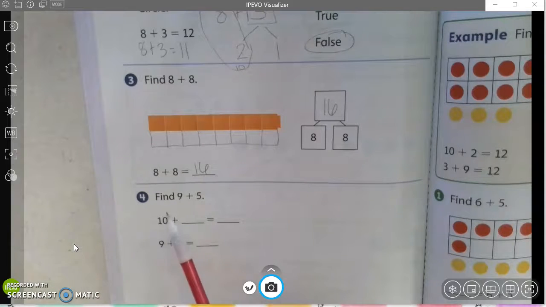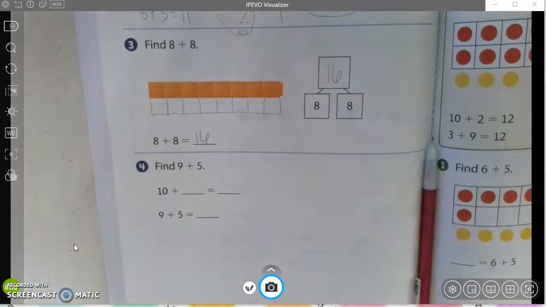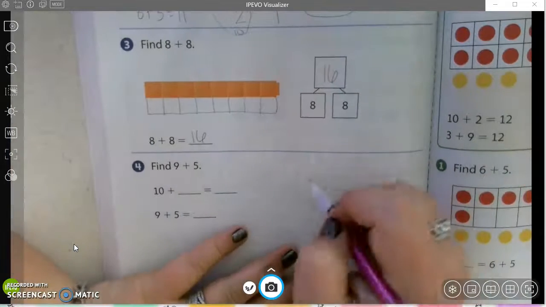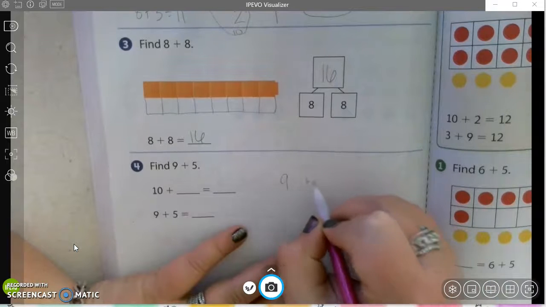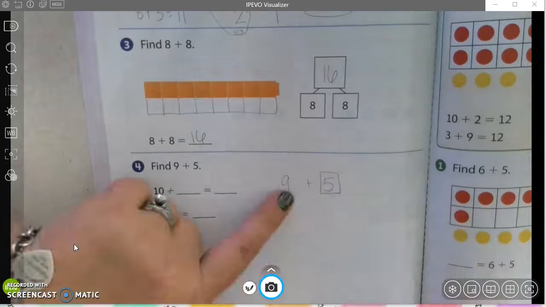I want you to try to figure out 9 plus 5 on your own and then come back and see if you did it correctly. Okay. All right. So 9 plus 5, I'm going to do it the same way that we did the 8 plus 3, just so that way we have practice with that method. So 9 plus 5. I have 9.